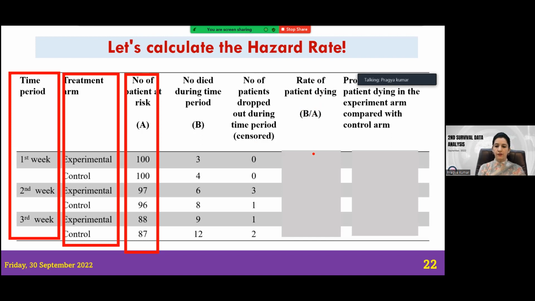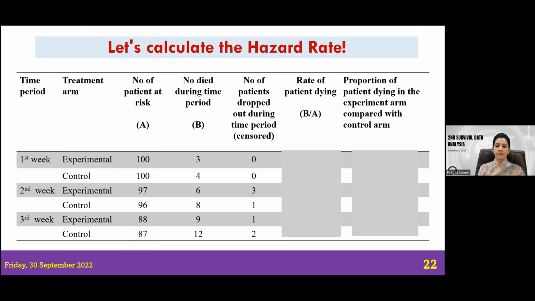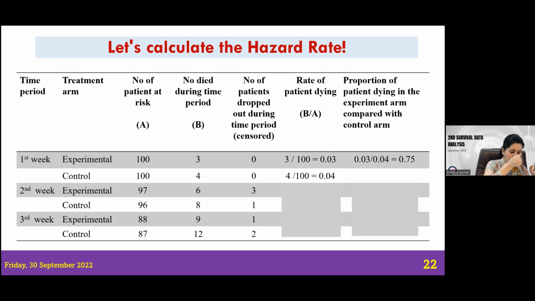So what will be the rate of dying in the first case? You can see there are a total of 3 deaths, so the rate of dying will be 3 by 100 in the experimental group, and in the control group it will be 4 by 100. So what will be the ratio of these two? Just consider that we have calculated this on the basis of the hazard rate.